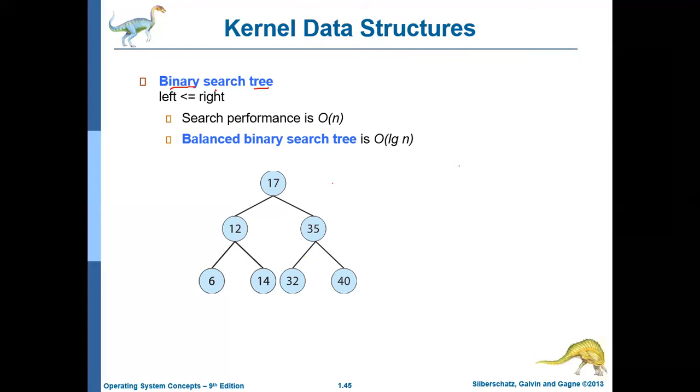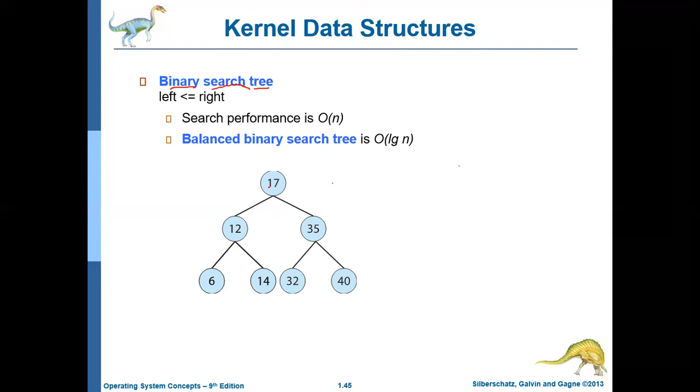What is a binary search tree? A binary search tree is a binary tree. First, it should be a binary tree, that is, a node cannot have more than two childs, and then the left child will always be lesser than the root node. Here, this is the root node. The left child will always be lesser than the parent node.